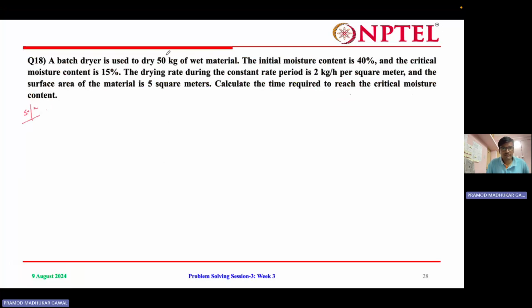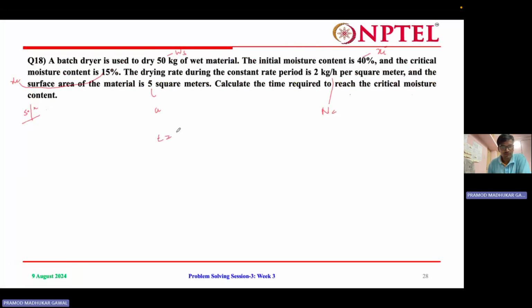So here Ws is given, here is Xi, here is Xc, here is the surface area, that's the A, here is Nc. So you have to calculate the time, meaning how much time is required to reach the critical moisture content.